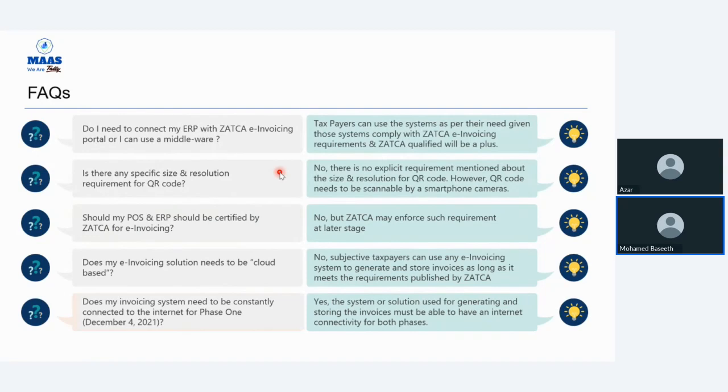Middleware is something where, let's say you are using an application which is not capable of connecting with the Zatka portal. There you can have Tally in between, where Tally will take the information from your software, reconvert it and send it to the Zatka portal in the required format.